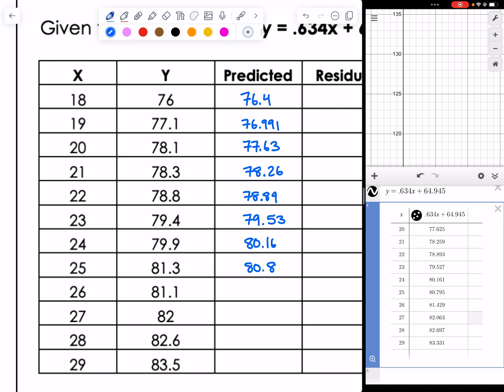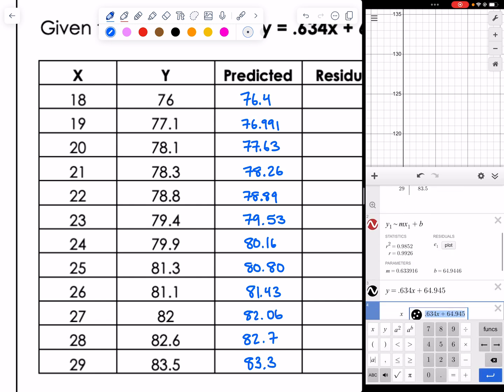We'll just say 80. 26 was 81.43. 27 is 82.06. 28 is 82. Let's say 7. And 29 is 83.3. Okay, the only other thing I need now is the residual value.